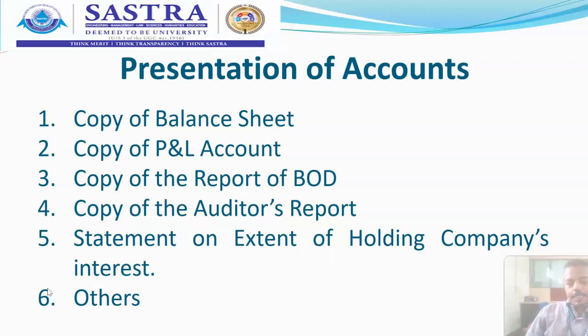So these two details need to be submitted when the financial year of the subsidiary company does not match with the financial year of the holding company. So these are the important 6 plus 1, totally 7 documents. 6 is the general submission and the 7th one is based on the coincidence of the accounting year.